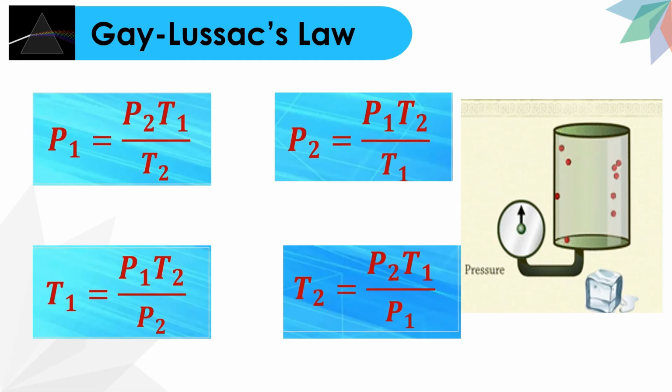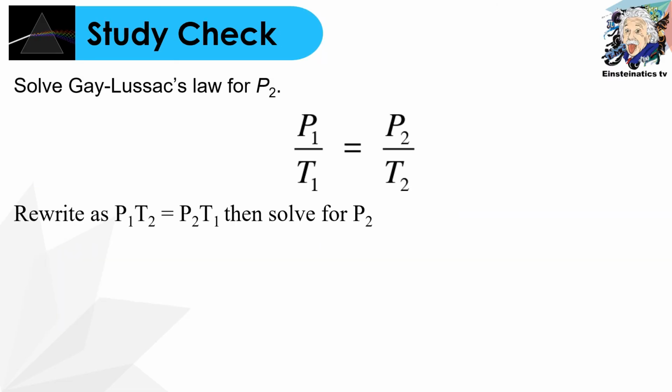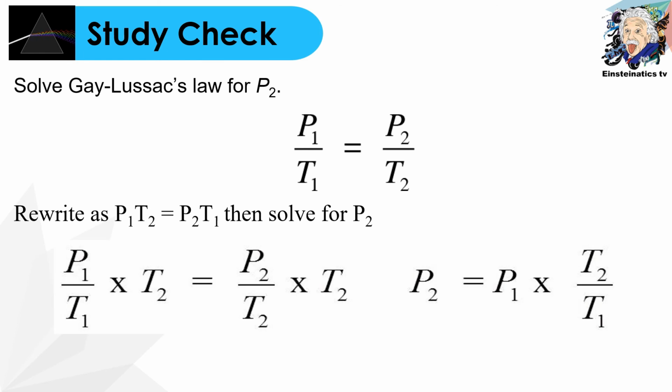Kung halimbawa yung nawawala is the initial pressure, ito yung gagamitin natin. Pag yung initial temperature naman, we are going to use this one. If final pressure yung hinahanap, we are going to use this one. And lastly, if final temperature, we are going to use this formula. If you are wondering kung paano nga ba na-solve yung mga formulas for P2 galing sa general formula, we are going to use this method.